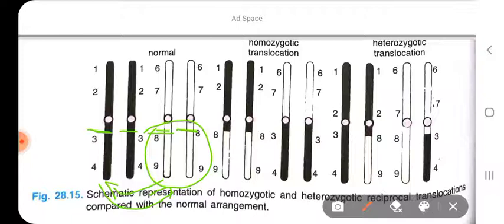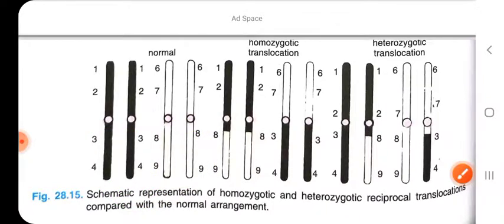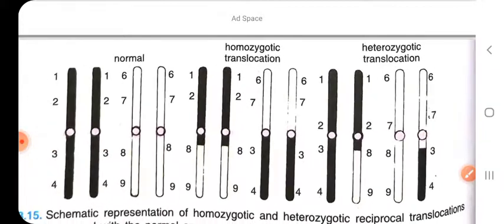But if only one of the chromosomes from the homologous pair is involved in reciprocal translocation, that is called heterozygous reciprocal translocation. Here, both chromosomes of the homologous pair are involved in reciprocal translocation. That's why it is called homozygous reciprocal translocation. Let us see the heterozygous reciprocal translocation.